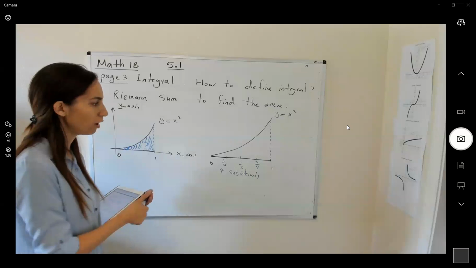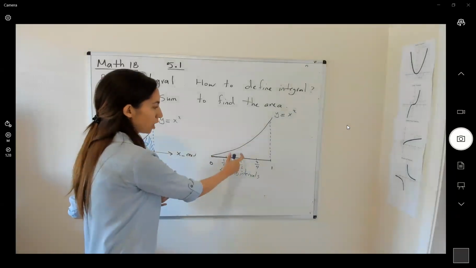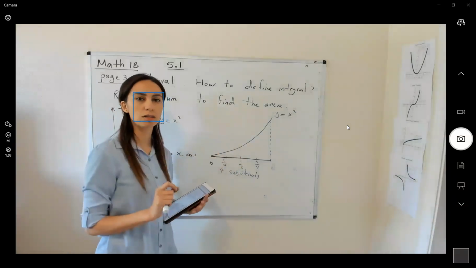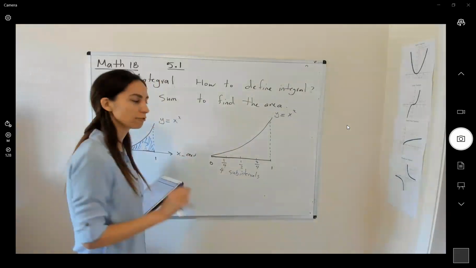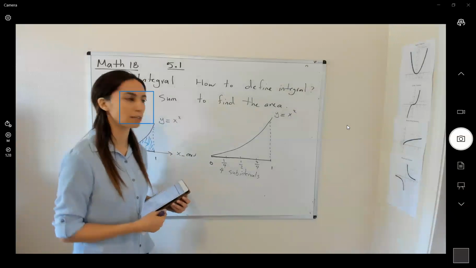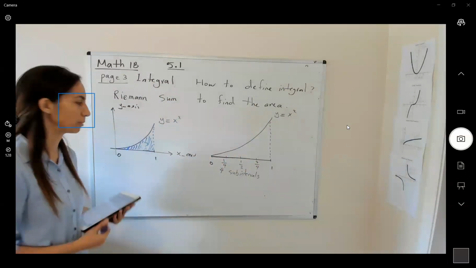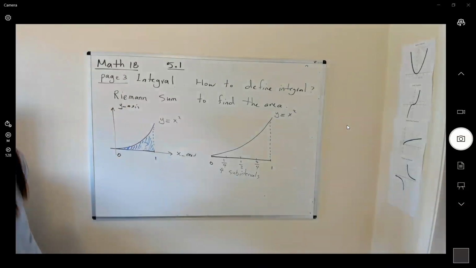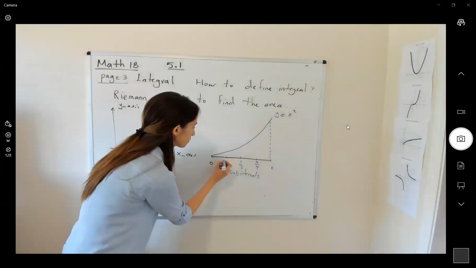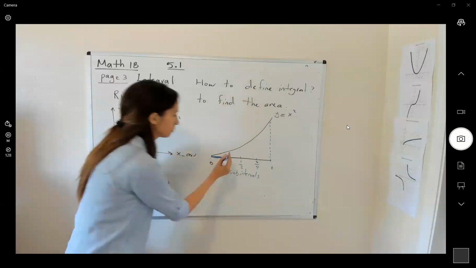Well, why am I doing this? If I can divide this shaded region into smaller pieces, smaller rectangles, then I can find the area of those rectangles and add them all together to get an approximation of the area of this shape. So, take a look at this. This little piece here has length, which is a fourth.